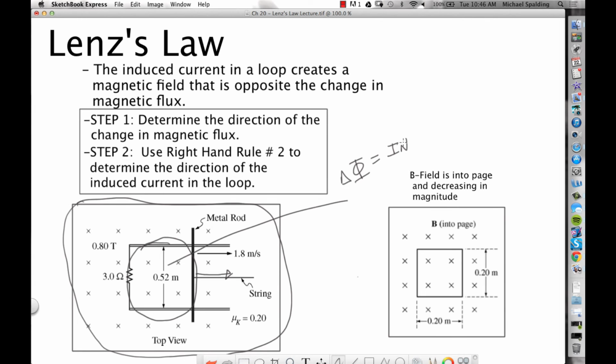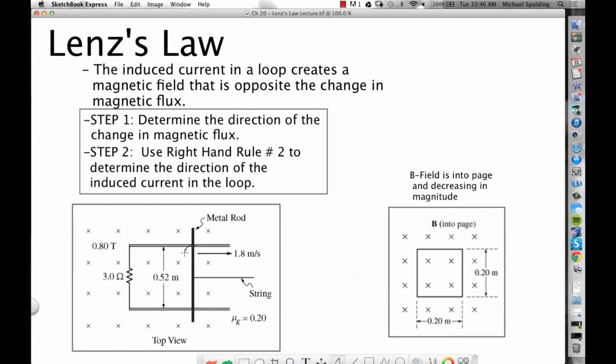The analogy I like to make: pretend that instead of being a metal rod in a magnetic field, this is a door to a concert, and this is the doorway right here. Instead of the X's being a magnetic field, the X's represent people going to a concert. If this door is moved to the right, is that going to let more people into the concert or less people? More people in. You're letting more in. The change in the flux is in.